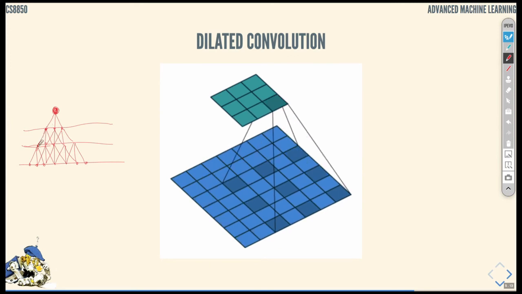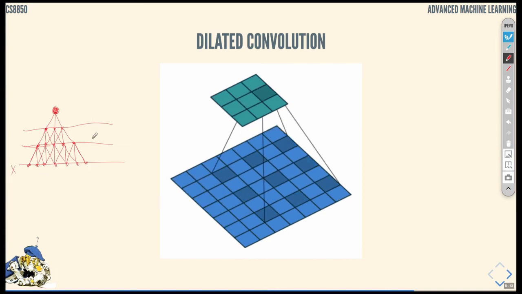But if we continue, those 3 values were computed from this 1, 2, 3, 4, 5, and they were correspondingly computed from the 7 input pixels underneath.